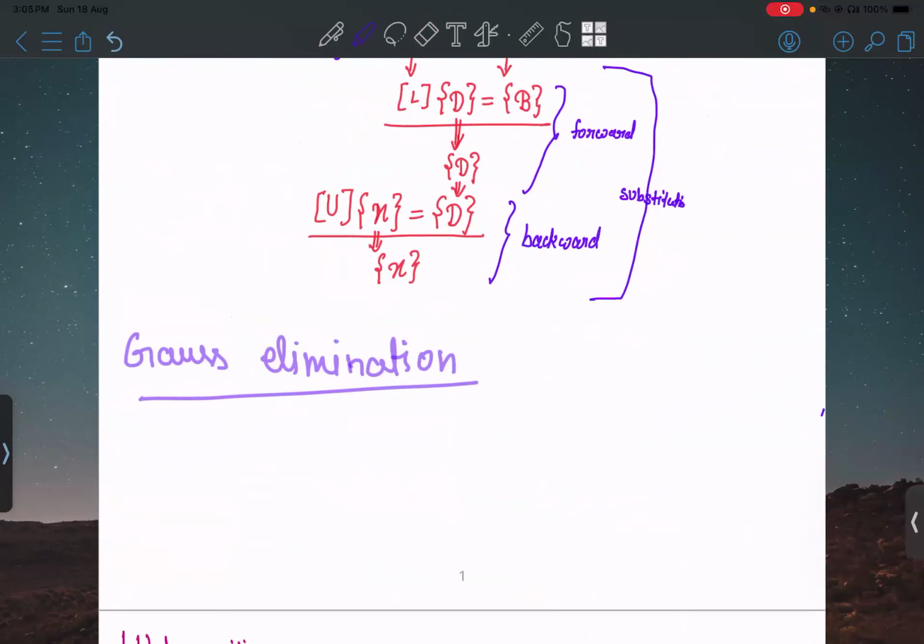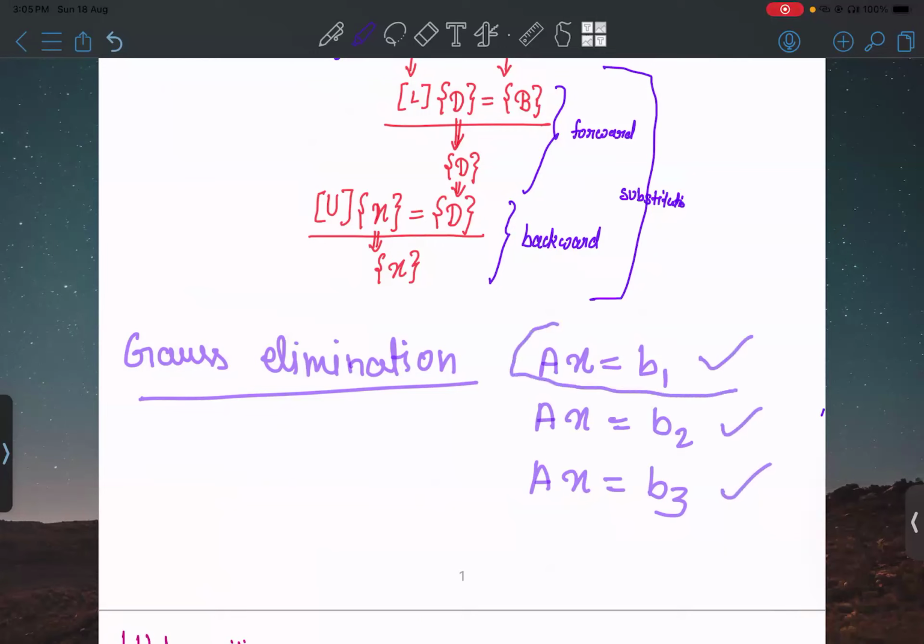Suppose I want to solve an AX equal to B type of problem. This is a system of linear equations in matrix notation. But I do not want to solve just this equation; I want to solve a set of systems of linear equations. Suppose AX equal to B1, AX equal to B2, AX equal to B3. By using the Gauss elimination method, we can solve each of these equations.